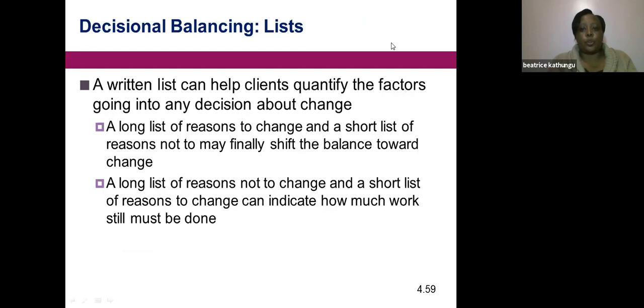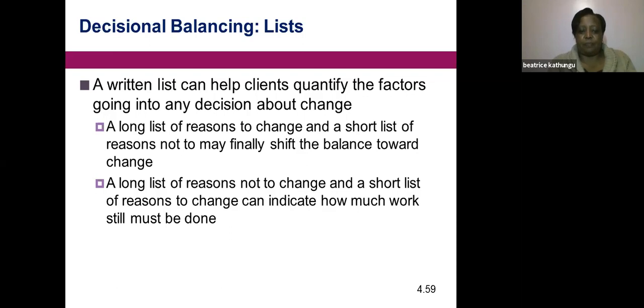Now, we also want to note that a decision balancing list is a written list that can help clients quantify the factors going into any decision about change. When the client sees a long list of reasons to change and a short list of reasons not to change, they may finally shift the balance towards changing.